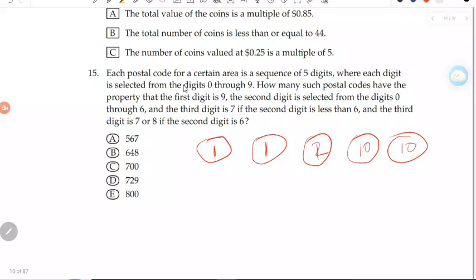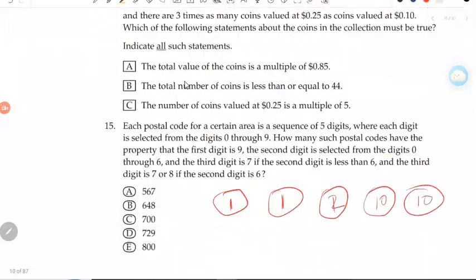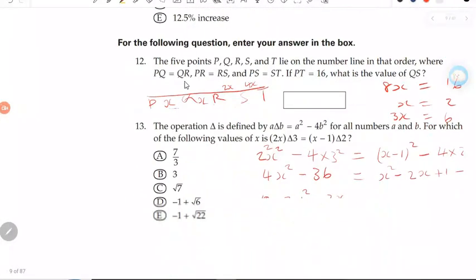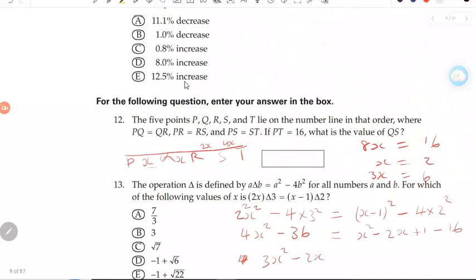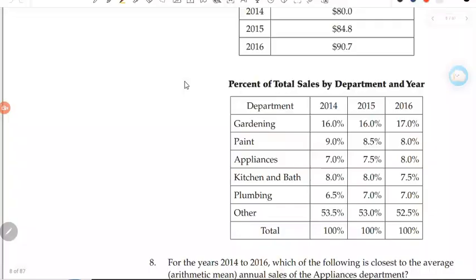By the way, our time has elapsed. We will come back to this. Let's see how many we have been able to answer. You can also ask me a question for the ones that we have not solved.